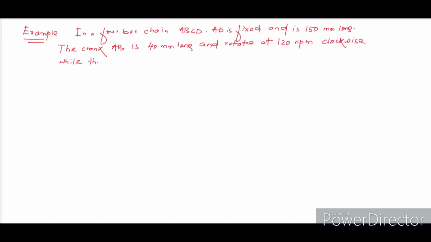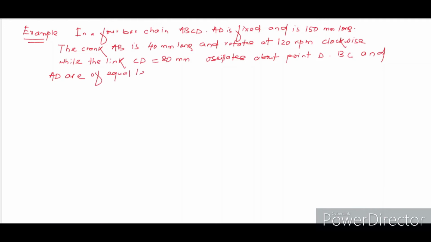while the link CD, equal to 80 mm, oscillates about point D. Your BC and AD are of equal length.